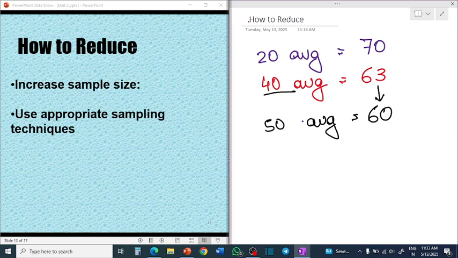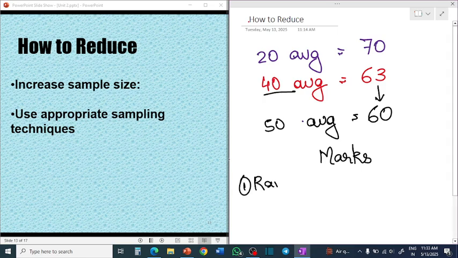For example, if we are talking about the marks, we can use random sampling. In this, we will randomly collect students. Suppose we randomly collect 25 students out of 50 students. This is one sampling technique.